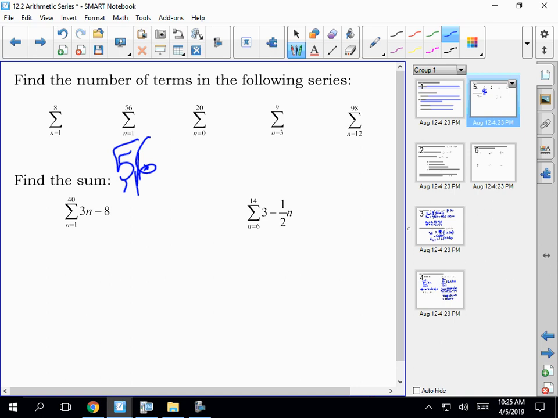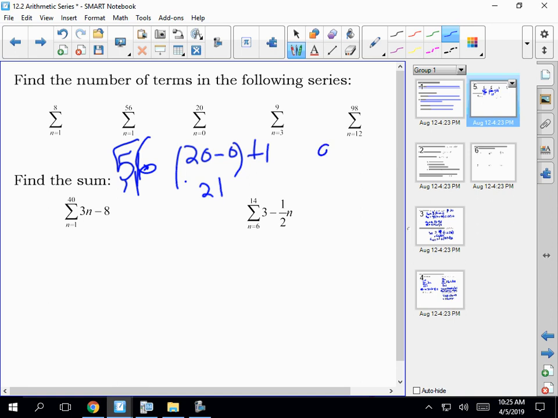If I started at 0 and went to 20, how many would I have? Yeah, you'd go 20 minus 0 plus 1. So we'd have 21. What about here if I went from 12 to 98? You find the difference between 12 and 98 and add 1. What is it?